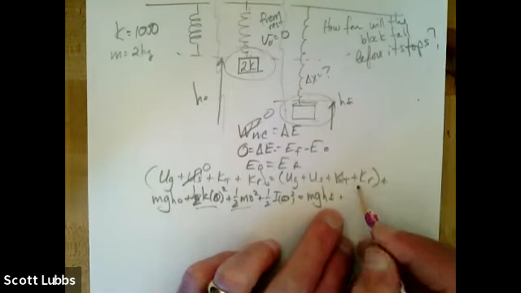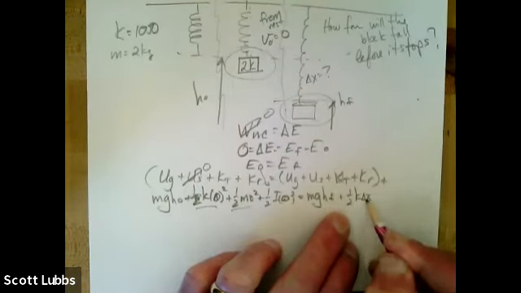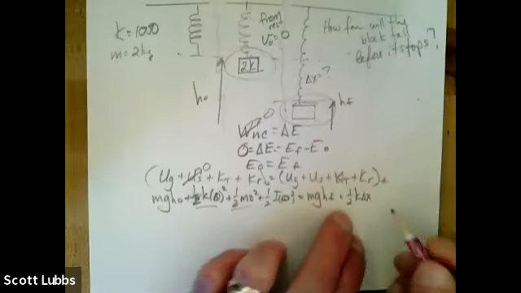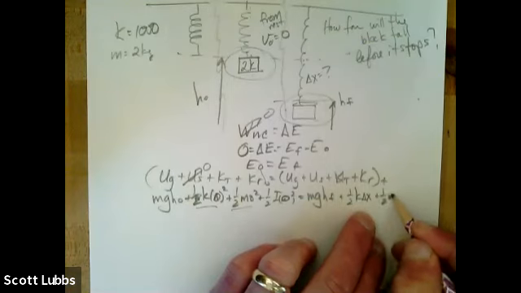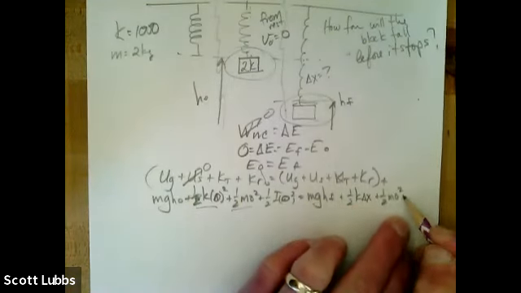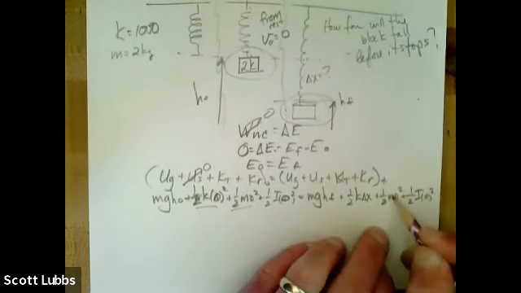But now, 1/2 k delta x. There is a delta x here. Plus 1/2 m v squared. It's not moving and it's not rotating.